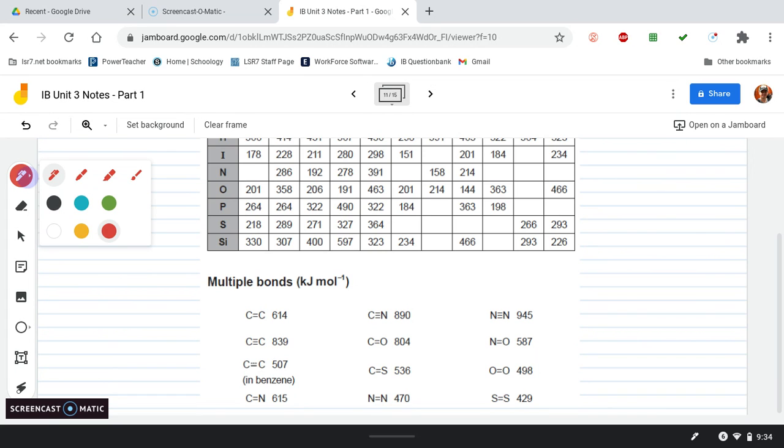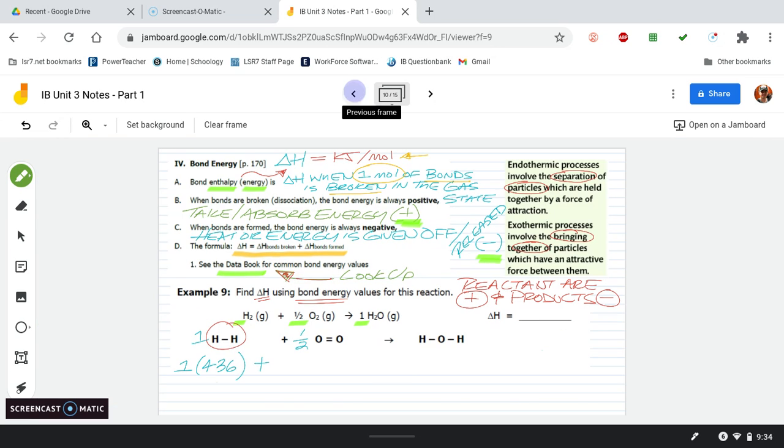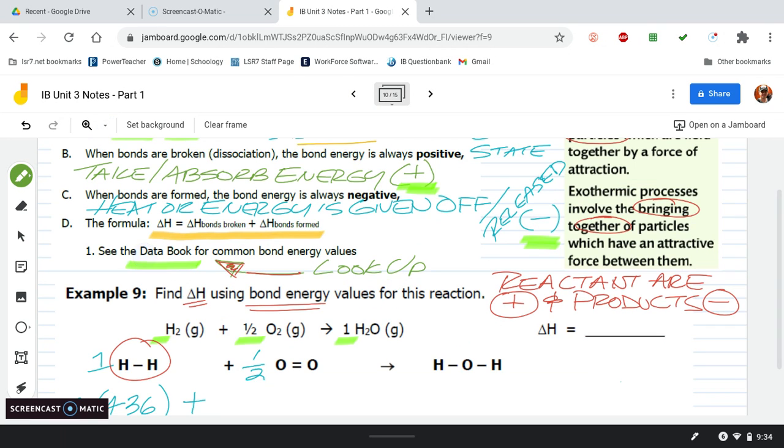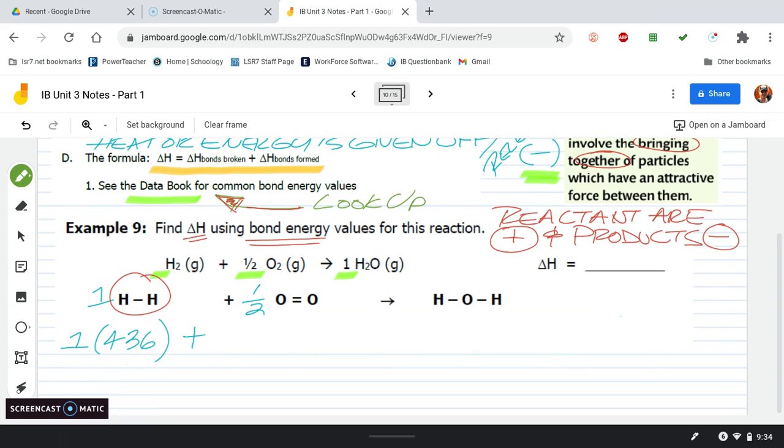And we're looking for this one right here, 498. Okay, see, O double bond, 498. Now remember, I'm not going to expect you to come up with the double bond. I'll give it to you. But so we have a double bond, but we actually only have half a mole.